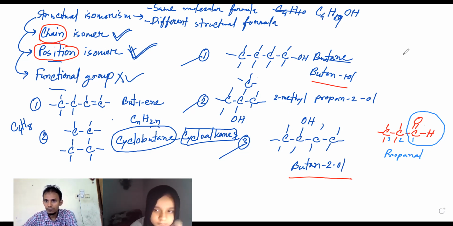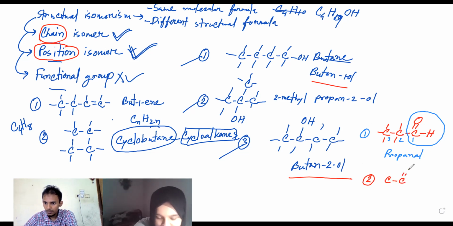And if I draw another one, so this is 1. Number 2 is, if we draw another for its isomer, C double bond O, then CH3. So what is this?